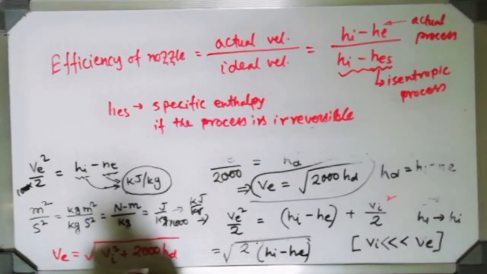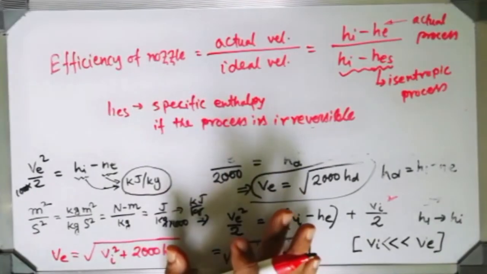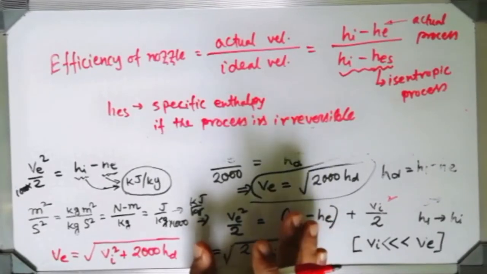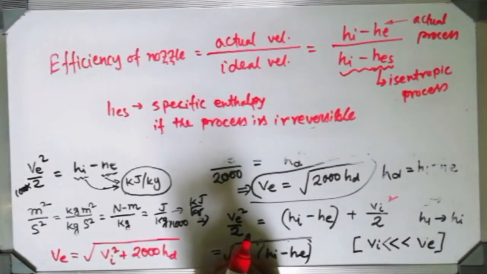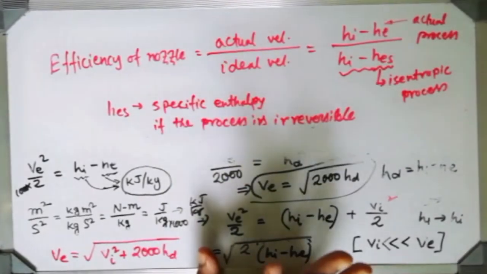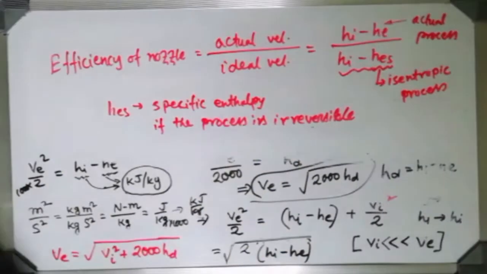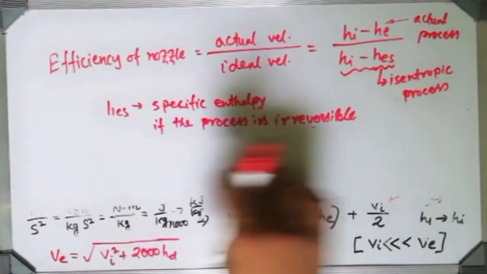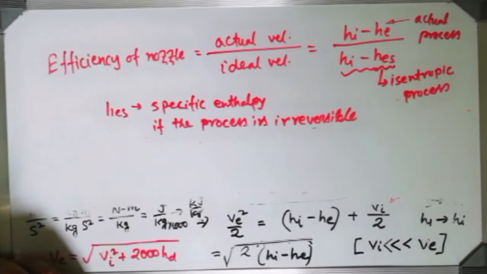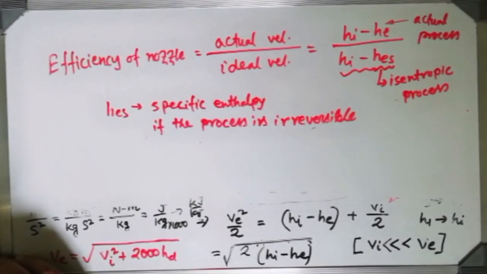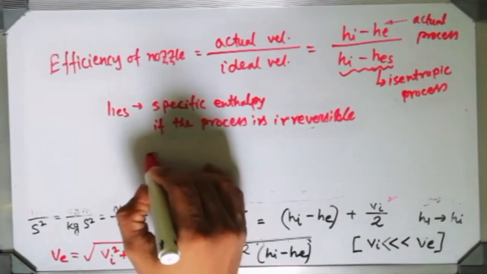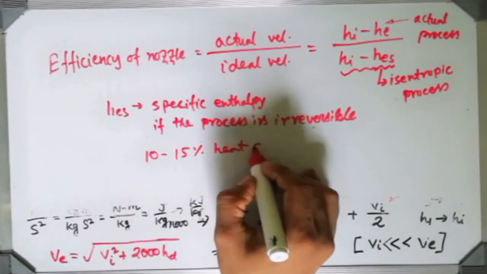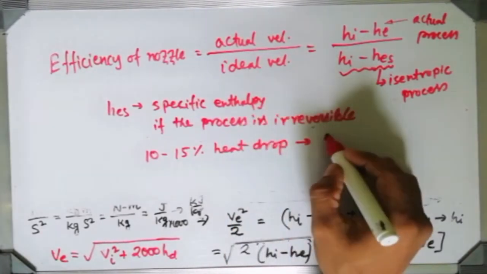And in actual practice always a certain amount of friction will be there, friction between steam and the nozzle surface, and due to that some heat will be dropped, like 10 to 15% of the steam heat. In actual cases some friction must always be there, and due to friction some heat will be dropped, like 10 to 15% heat drop for friction between the steam and the nozzle surface.